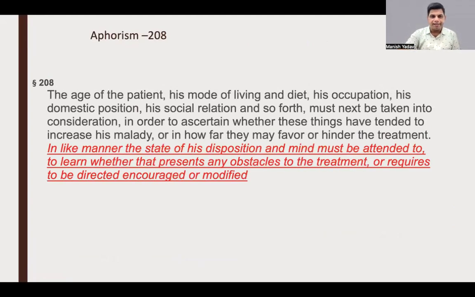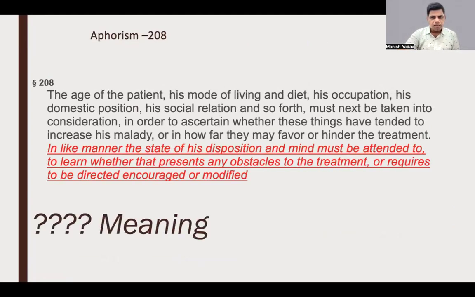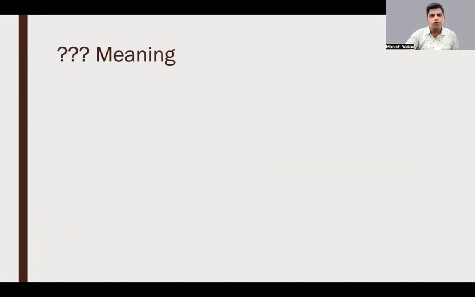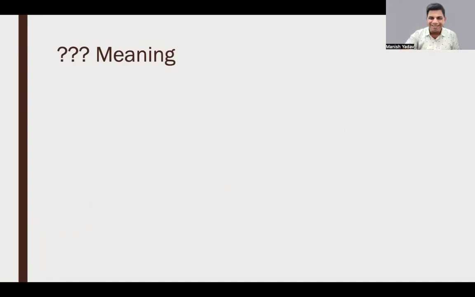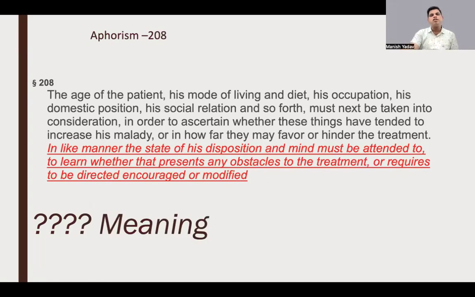Paragraph number 208. So you can read this. I will just go to the meaning of it directly. It means that not all mental symptoms are symptoms for prescribing. Okay, I should read that. The age of the patient, his mode of living, the diet, his occupation, his domestic position, his social relationship, and so forth, must next be taken into consideration in order to ascertain whether these things have tended to increase his malady, or in how far they may favor or hinder the treatment.